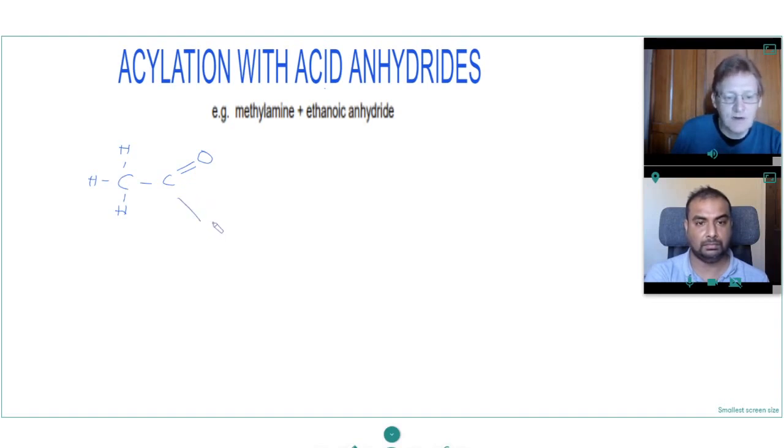Instead, we've got an O. So we've lost the H of H2O there. And here we've got the other ethanoic acid that's lost an OH in the middle of this. So this is our ethanoic anhydride.